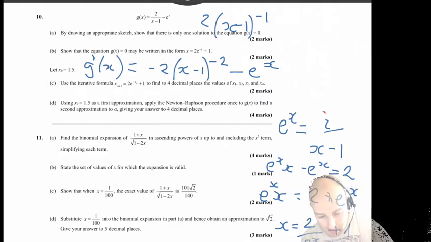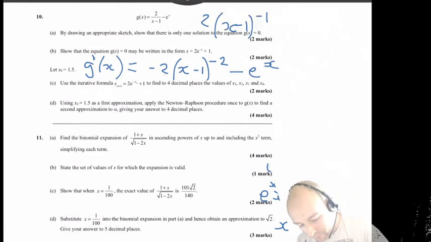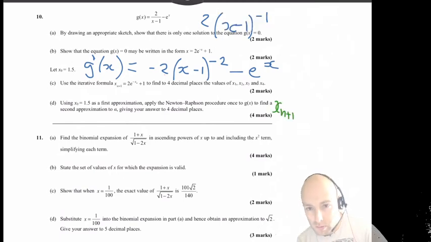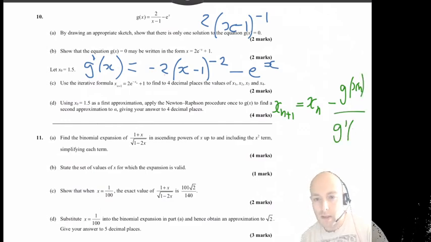Then we need the Newton-Raphson equation, which is, have we got any room left? x n plus 1 equals x n minus g of x n over g dash x n.